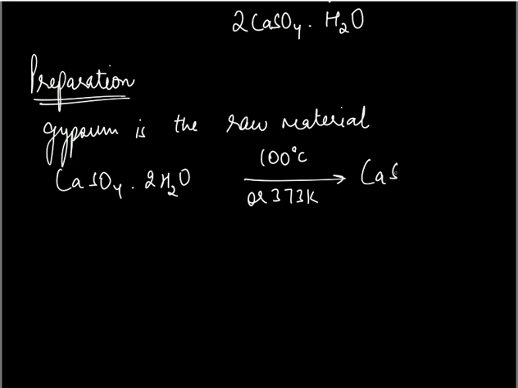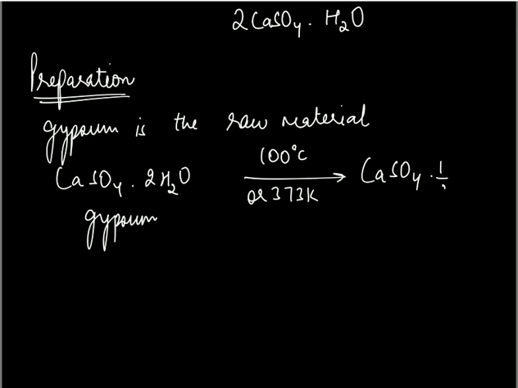So we are going to use calcium sulfate dihydrate, gypsum, and when we heat it, we will get calcium sulfate hemihydrate along with 3 by 2 molecules of water.